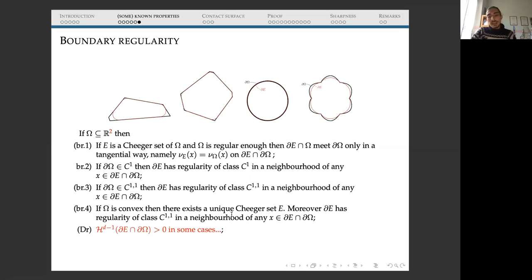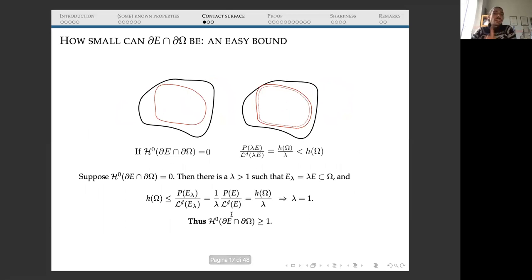Okay, the first remark is that you cannot be too small, as I said. There is an easy bound. For instance, you cannot be empty because you have this ratio between the perimeter and the volume, which tends to be in favor of the volume. So if, for instance, the contact surface is empty, as in this case, so this is just a fancy way of saying that the cardinality of the intersection is 0, so there is no point in the intersection.